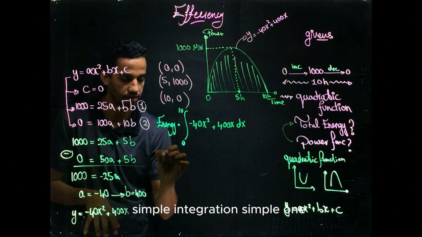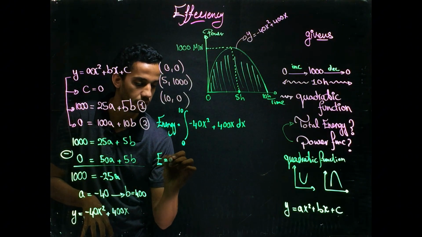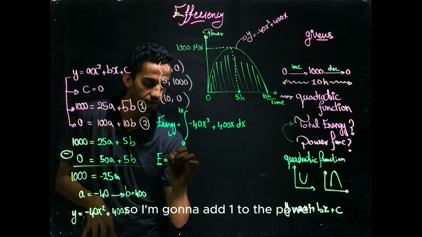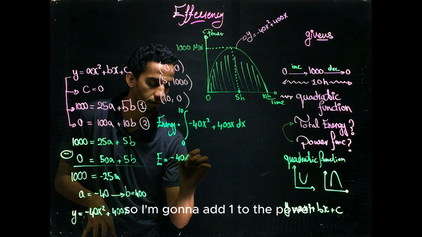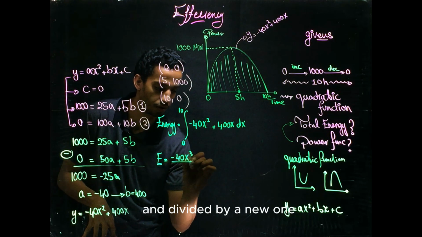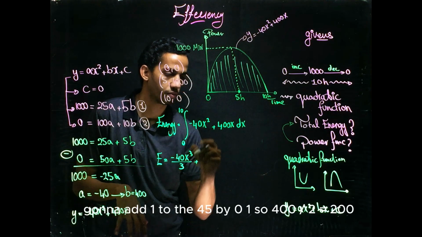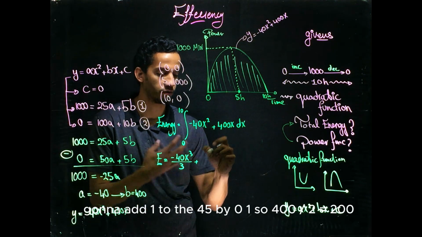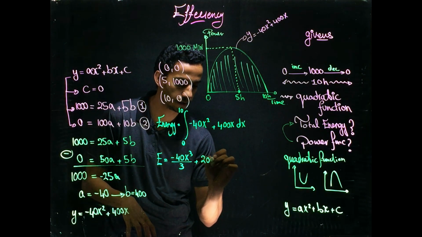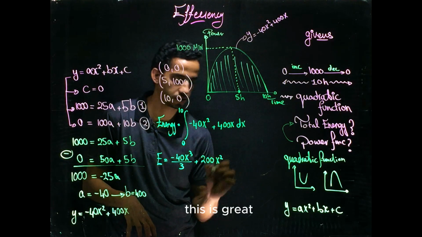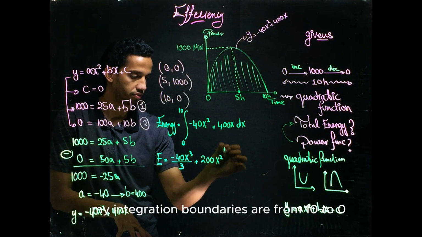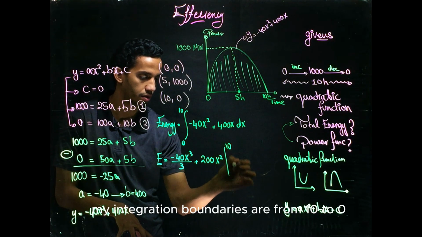Okay, simple integration, a simple one. So I'm going to add 1 to the power and divide by the new power. So 400 divided by 2 equals 200x squared. My integration boundaries are from 10 to 0.